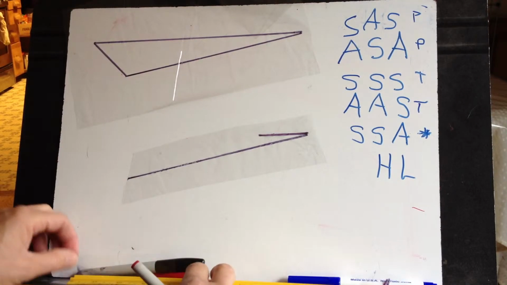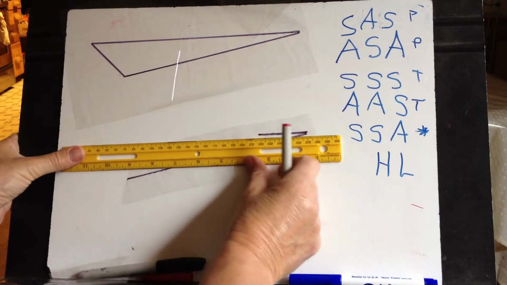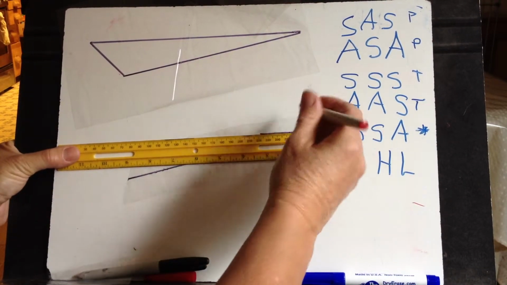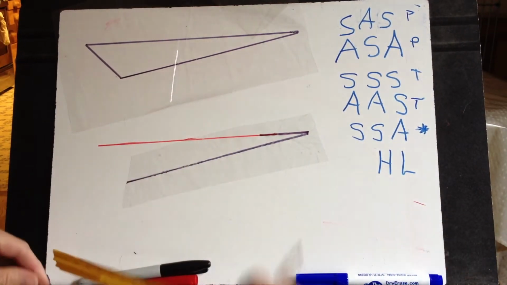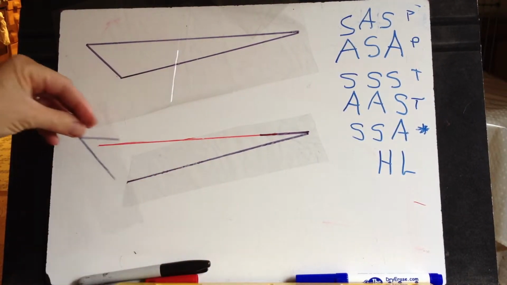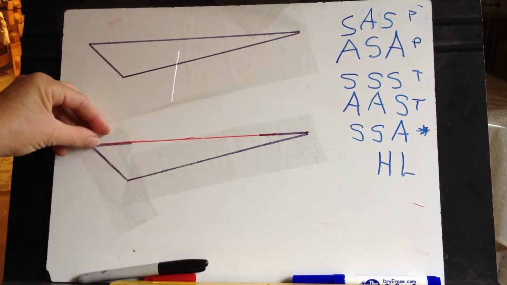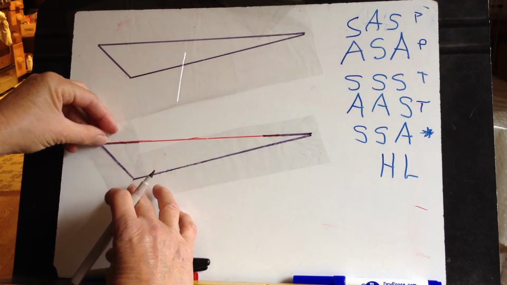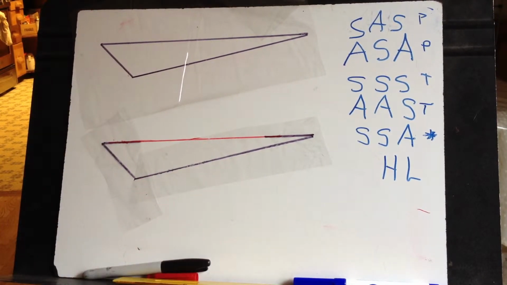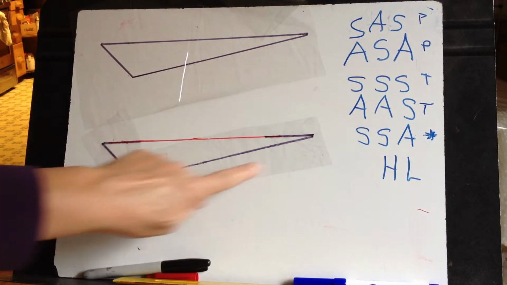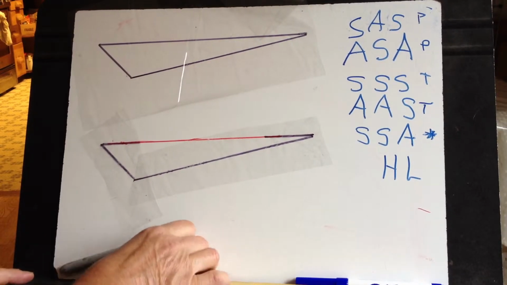So I need to extend this length right here until I can fit this angle on there so that it matches up with the end of that piece right there. Okay, there we go. And you can see that those two triangles are the same. That's the angle, angle, side.